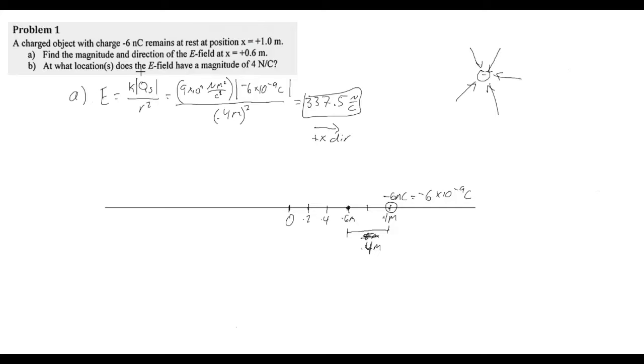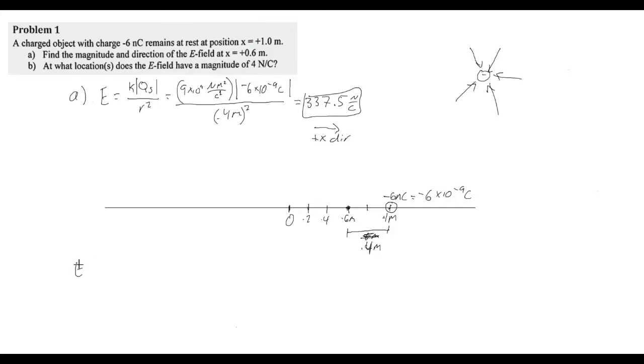So for part B, at what location or locations does the E field have a magnitude of 4 newtons per coulomb? In this case, instead of being given all this and asked to find the E field strength, we are given the E field strength and asked to find the distance away. Using this equation, we can solve for R, which is a simple cross multiplication sort of thing.